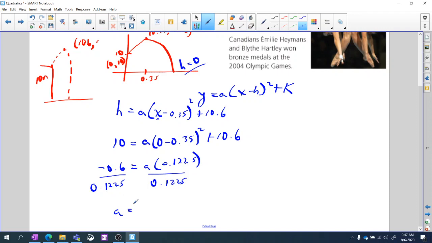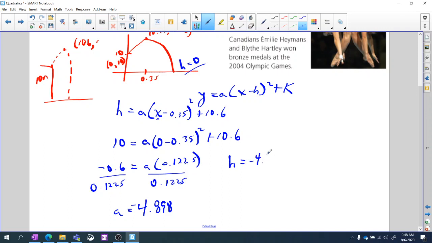And we will get a stretch factor of 0.6 divided by 0.1225, which is 4.8979. Remember, if it doesn't go evenly, we're going to carry 3 decimals, so that would round off to 4.898. So the stretch factor would be negative, because it's negative divided by positive. Negative would make sense, the quadratic opens down.